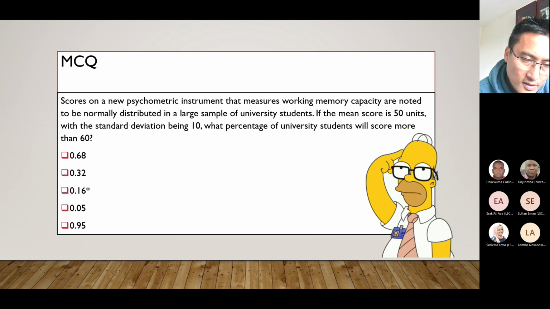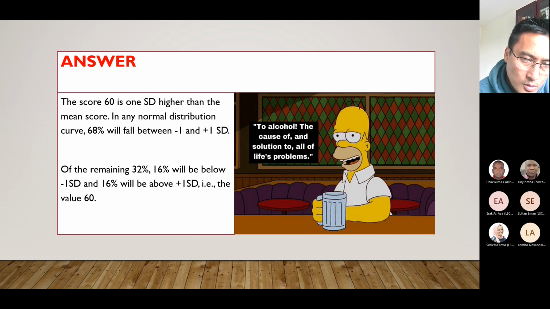Okay, so let us look at the definition. The score of 60 is 1 deviation, which is higher than the score in the normal distribution. So the curve will cover 68 will fall below minus and plus 2 standard deviation.